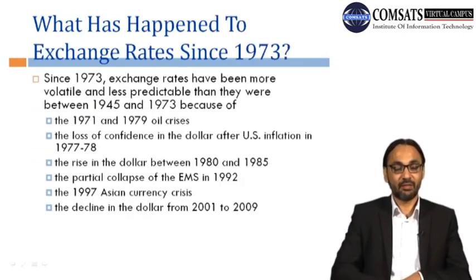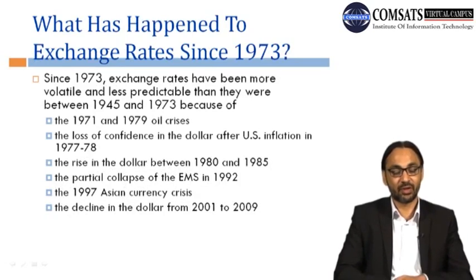Okay, since 1973, exchange rates have been more volatile and less predictable than they were between 1945 and 1973, because of the 1971 and 1979 oil crises, the loss of confidence in the dollar after US inflation in 1977 to 78, the rise in the dollar between 1980 and 1985, the partial collapse of the EMS in 1992, and the next one, the 1997 Asian currency crisis, the decline in the dollar from 2001 to 2009.